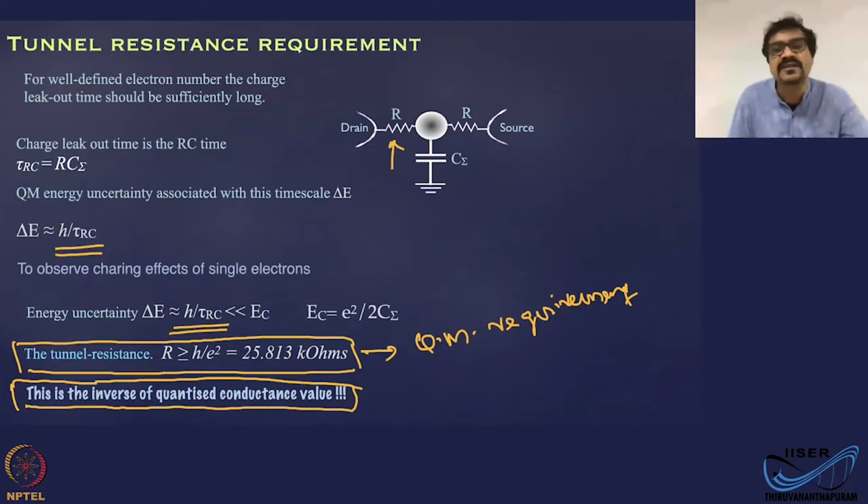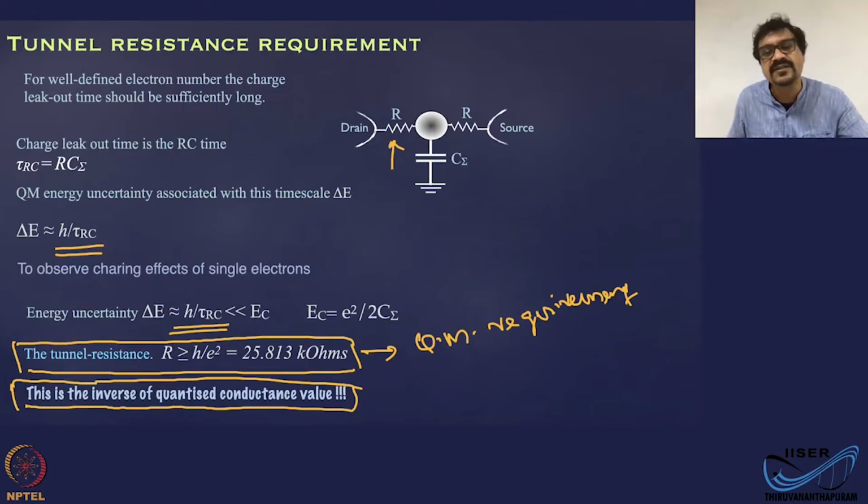So naturally, this term h by e square is popping out just from the quantum uncertainty relation. What we are saying here is that the tunnel barrier resistance through which this quantum dot is connected to the rest of the equipment should be at least h by e square, that is 25.8 kilo ohms. Else, you will not see these charging and discharging effects.